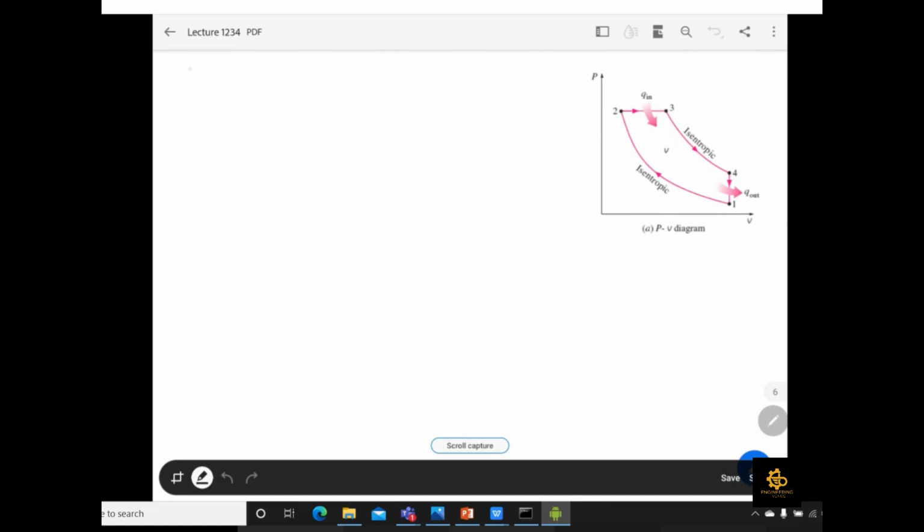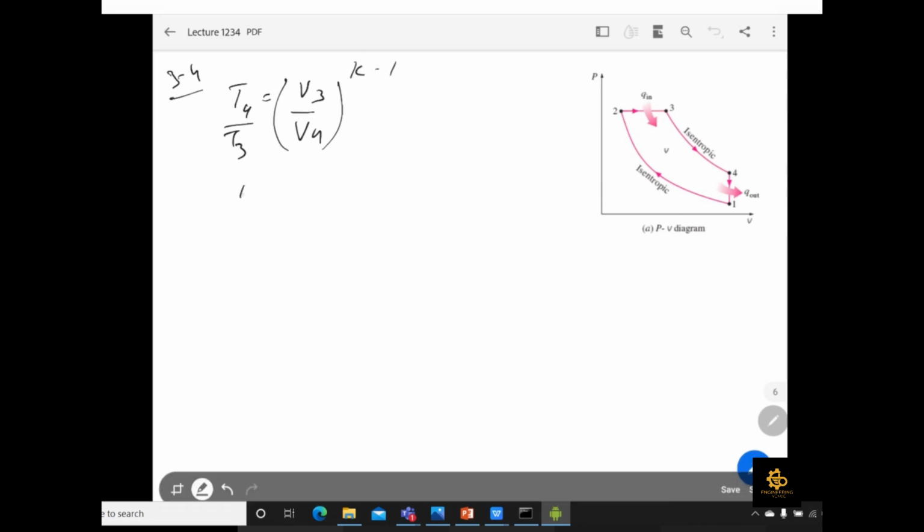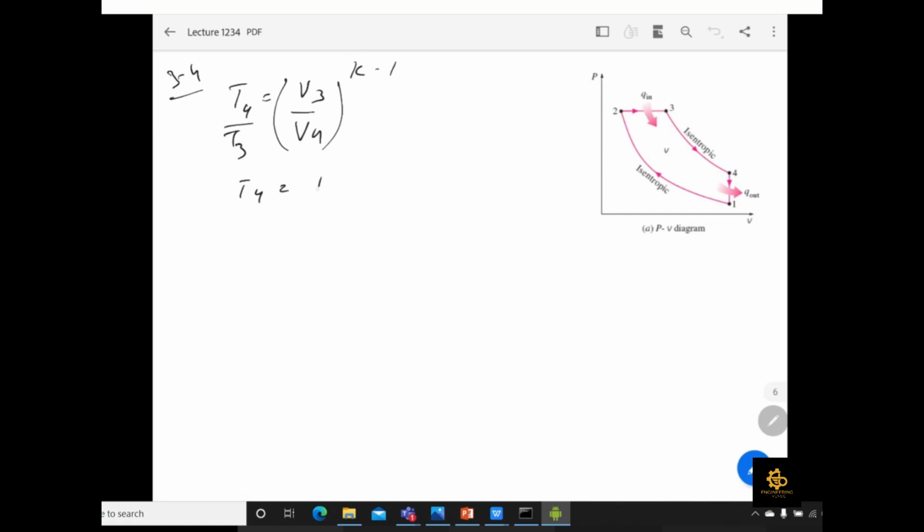This is coming from process number 3 to 4. Now we have to find T4 as well. T4 is equal to, for the isentropic process, V3 over V4 to the power of specific heat ratio minus 1, times T3.